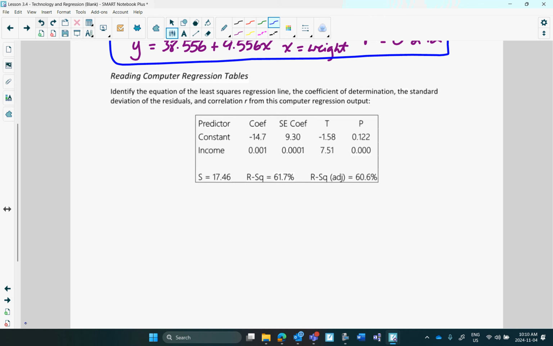Okay? Well, to get the equation of the line, that constant and the value right beside it will represent the y-intercept.